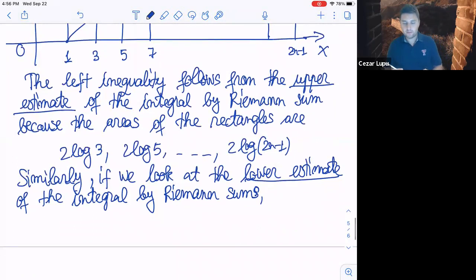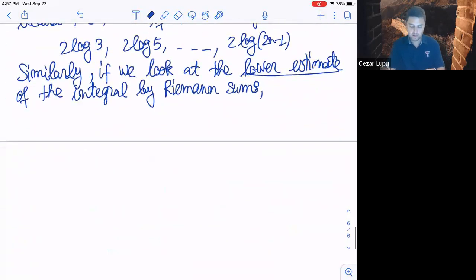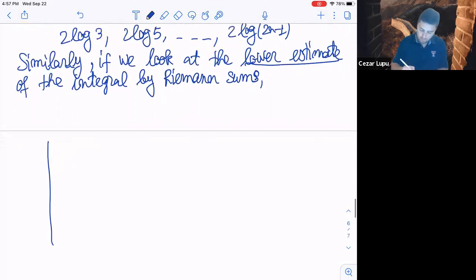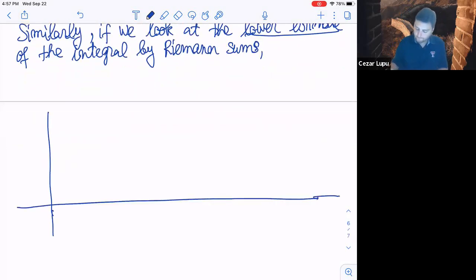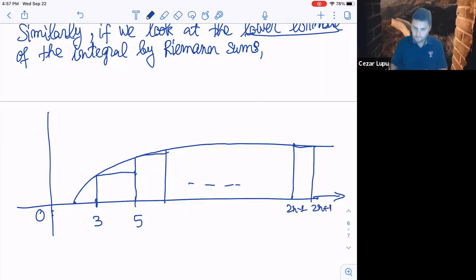It's pretty much the same thing. So let me draw it again. Here I have 1, 3, 5. Again, the function can look like this.